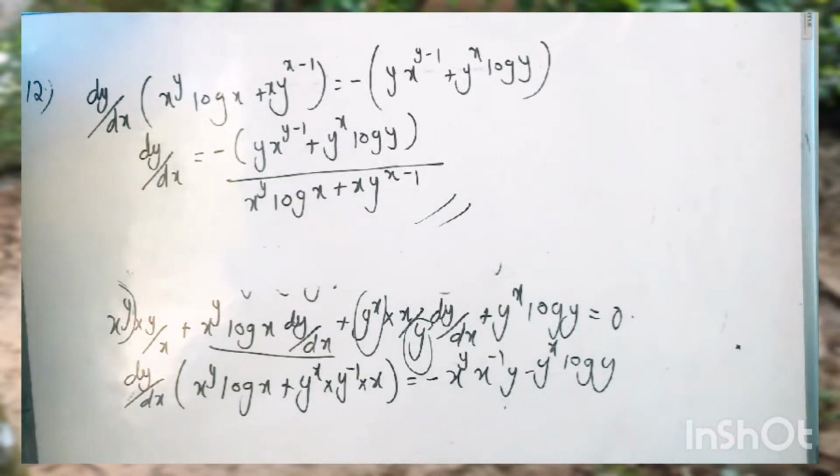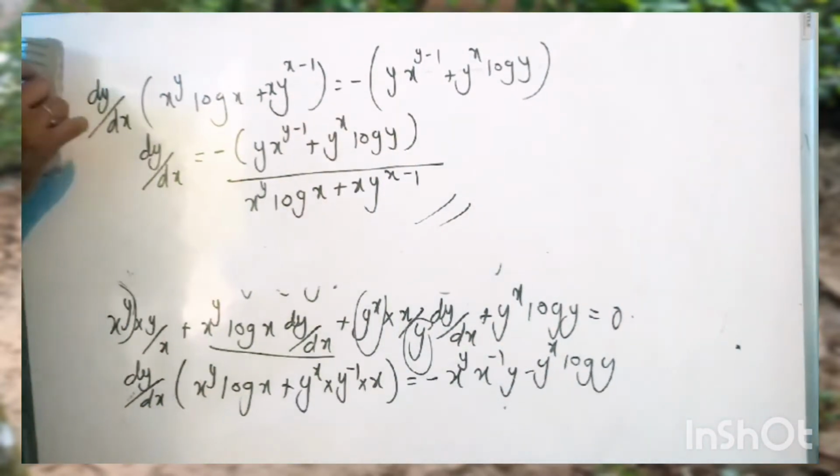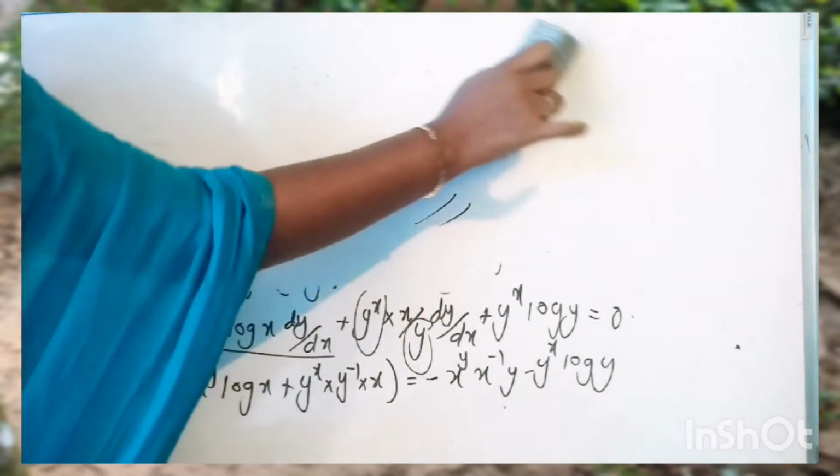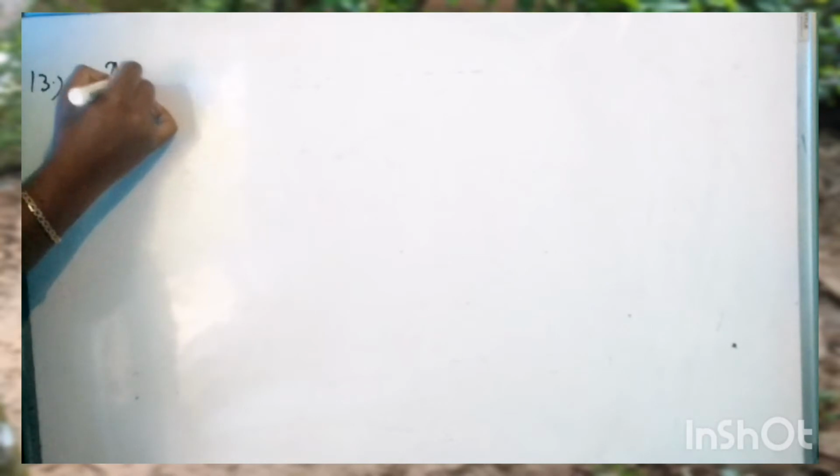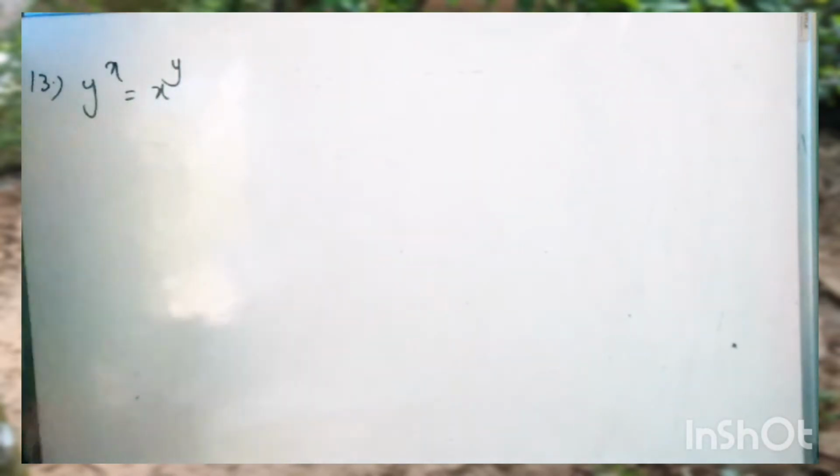Now we are going to do the 13th question. In the 13th question also we need to find out the value of dy by dx. The 13th question is y raised to x is equal to x raised to y.